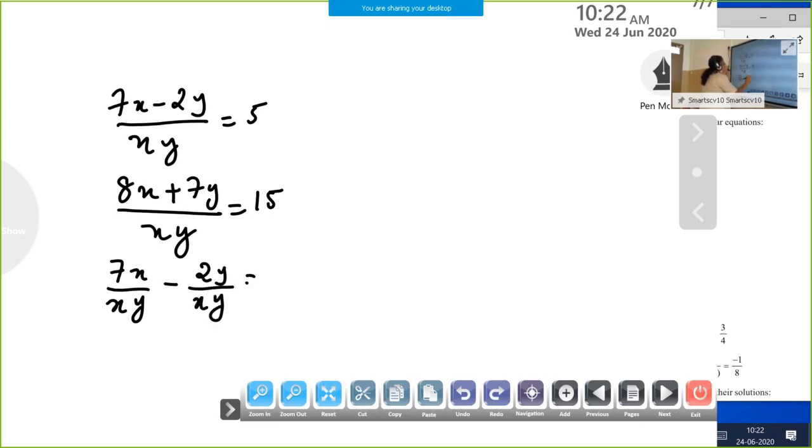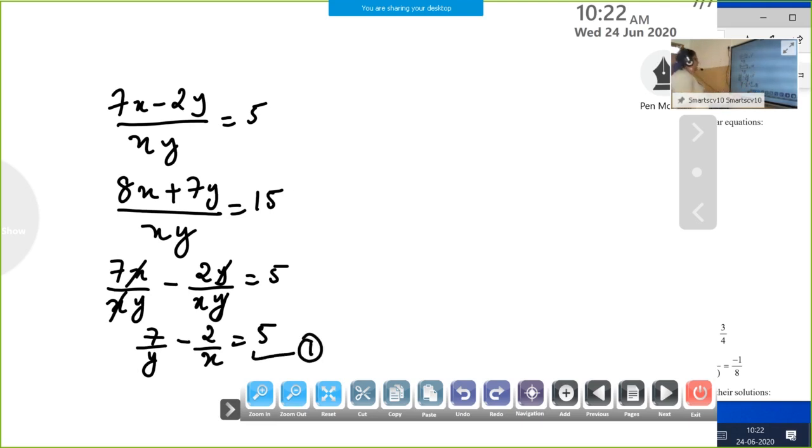Here x and x cancel, y and y cancel, and the equation becomes 7 by y minus 2 by x is equal to 5.